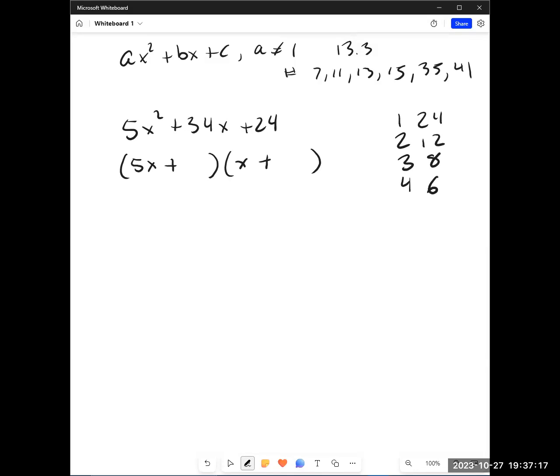24 and 1 gets me really close to 34, but that's not right. 12 and 2 is 22. It's not right, and I can keep guessing and checking here, but the way that I get 34 is 6 times 5 is 30 plus 4 is 34.